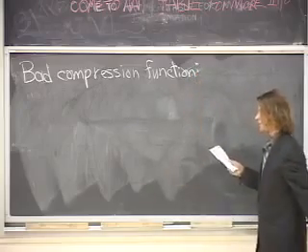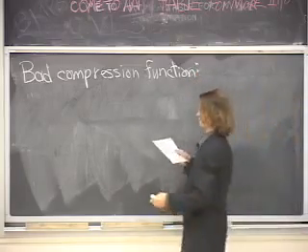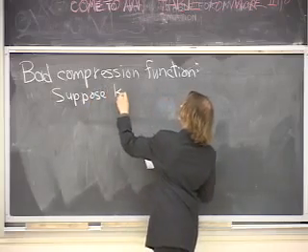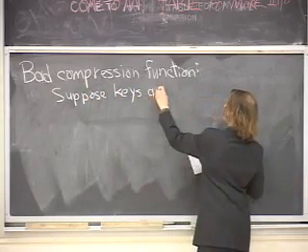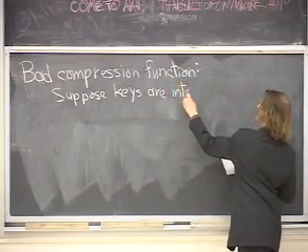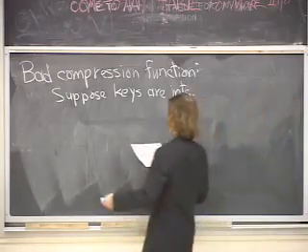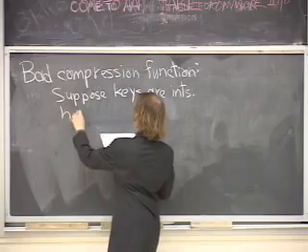Consider this example. First of all, suppose the keys are integers. More specifically, suppose the keys are ints, type int, and suppose that each integer's hash code is just itself.